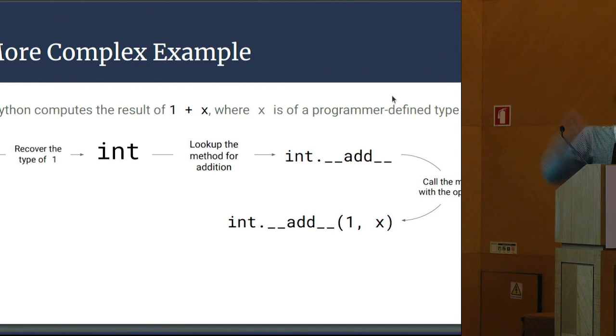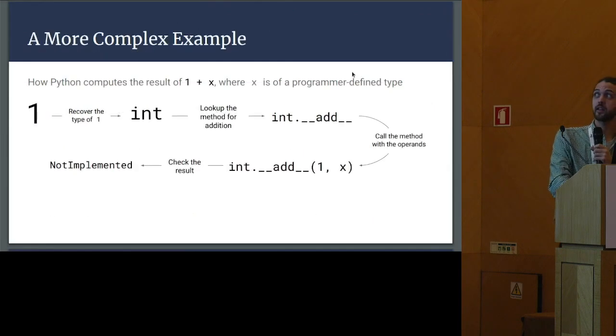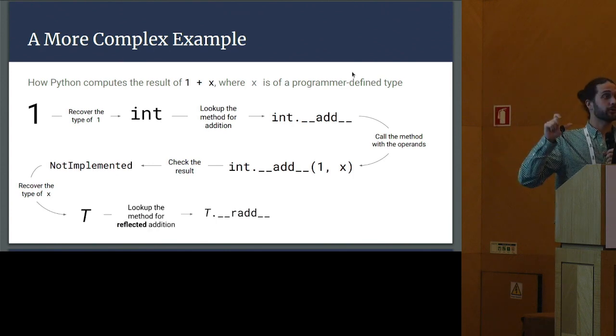So add doesn't know what to do with this argument, and it actually returns NotImplemented. NotImplemented is an object. Everything is an object in Python, but it's a special singleton which tells the semantics of addition, well, this method here, it doesn't know what to do with x. So what Python does, it falls back on the right-hand side operand, and here let's say x has type T, then it will go get the double underscore radd.